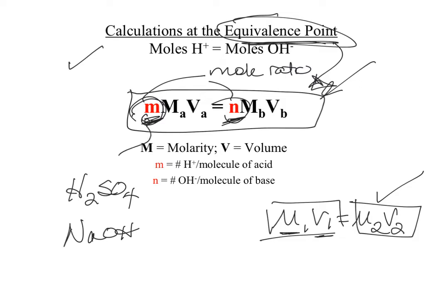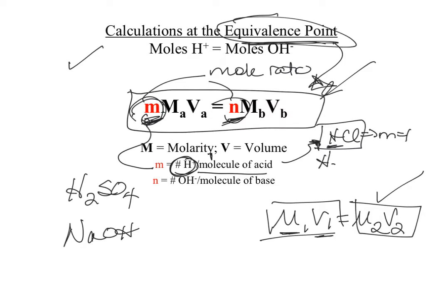M is the number of hydrogen ions, acidic hydrogen ions, per one molecule of acid. So let's make sure we understand that. If it was HCl, M would be 1 because there's one acidic hydrogen per one molecule of acid. If we had H2SO4, M would be 2. There are two acidic hydrogens per one molecule.